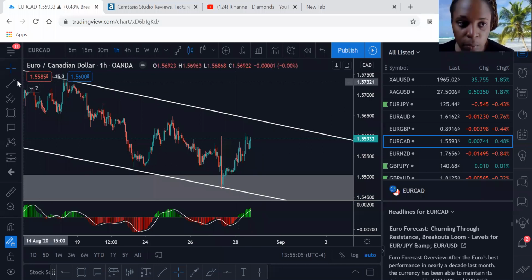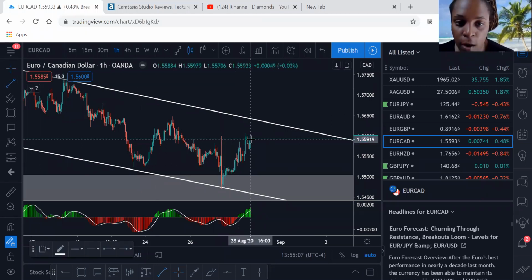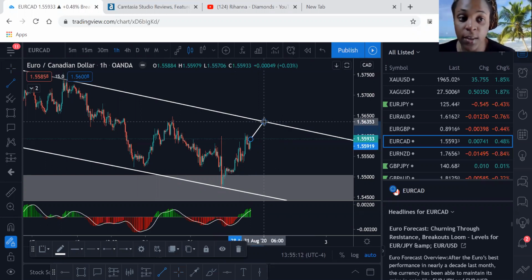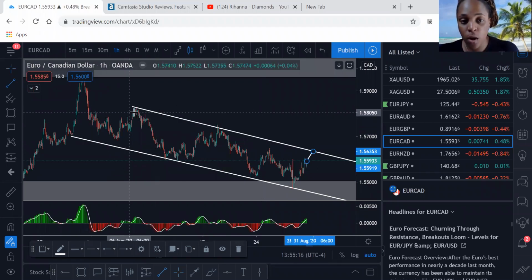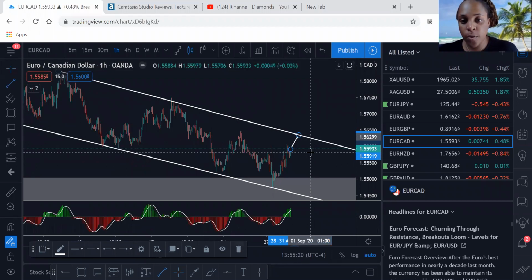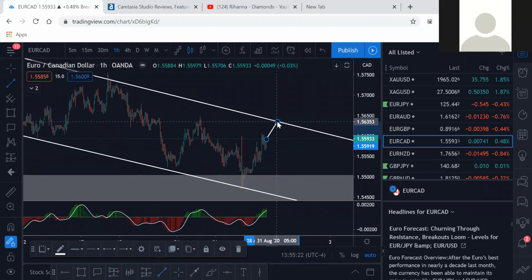However, what's going to happen is it's going to come up and give us a third touch, because it has not had the third touch yet. If we count the amount of touches that we have, 1, 2, we haven't had the third touch yet, so it's not going to break up yet. So we're going to get a third touch.